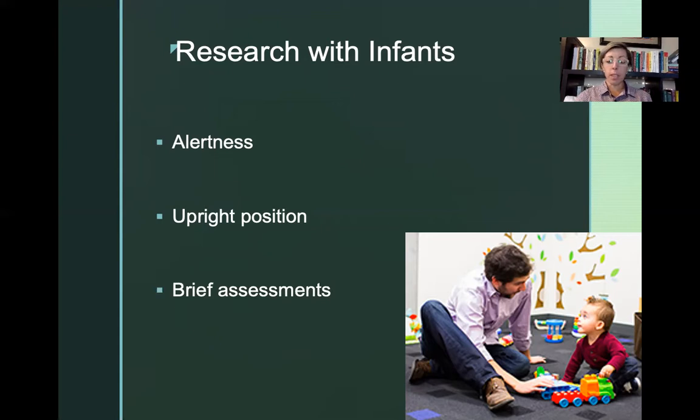Especially the younger infants between sleeping and using the restroom and eating. If you can get a bunch of kids at the same time and the early infancy all to be awake and alert at the same time, that is already a huge feat. So you don't want to have to try to keep their attention or keep them alert for very long.